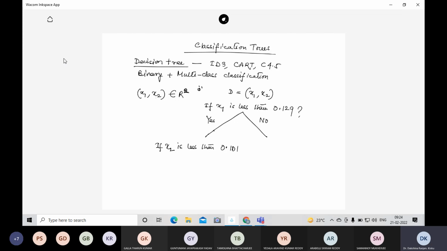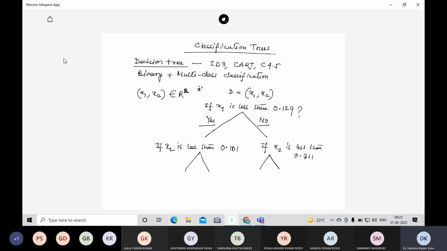Otherwise we will go to the branch which is labeled by no. Okay, so in this way, every time we are trying to check a certain condition based on which we will go to the branch which is labeled by yes, or we will go to the other branch which is labeled by no.